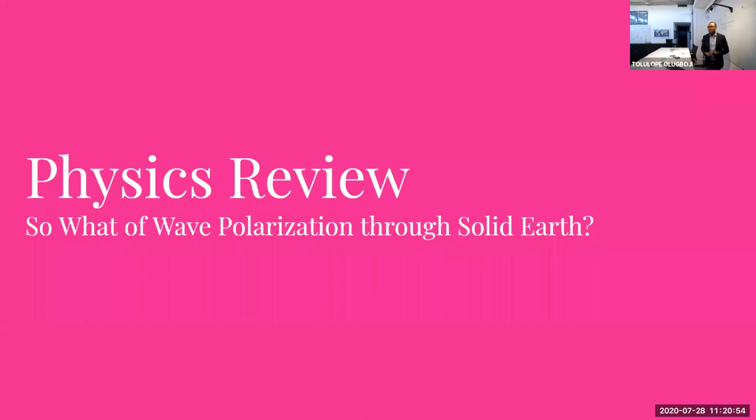So what are the wave polarizations through the solid Earth? When the ground shakes, through an earthquake, and waves are generated, how do those waves radiate out, and what polarization do those waves exhibit?